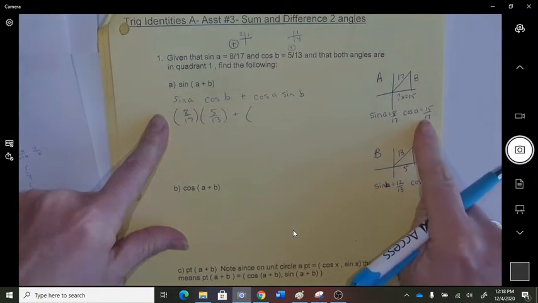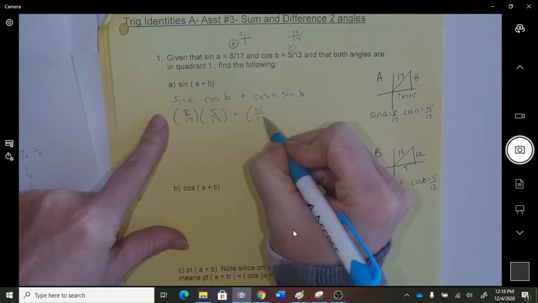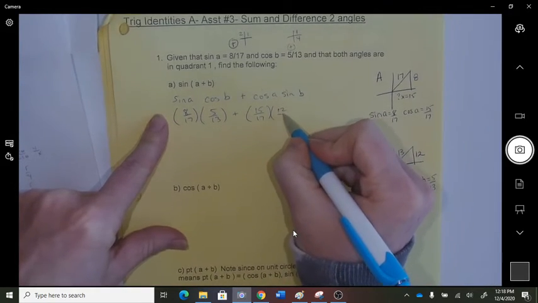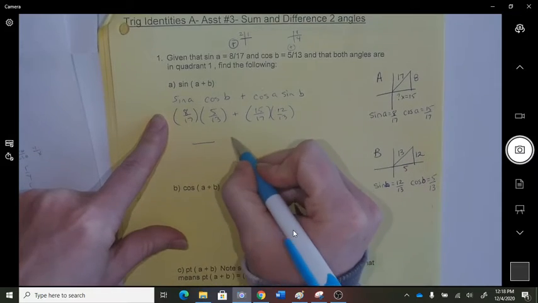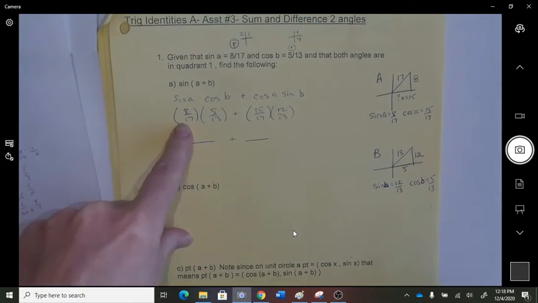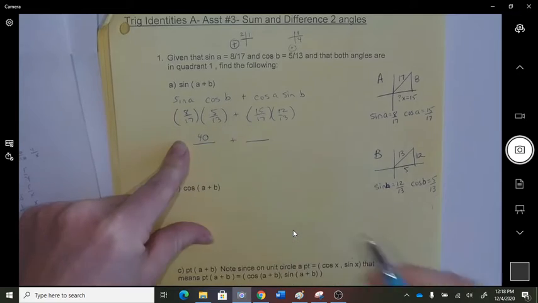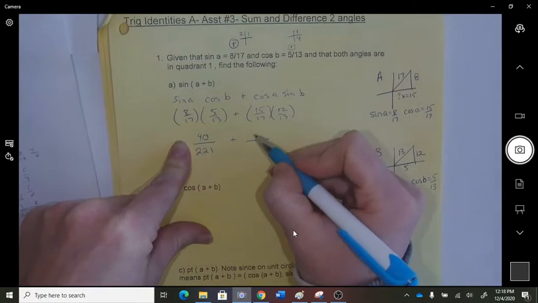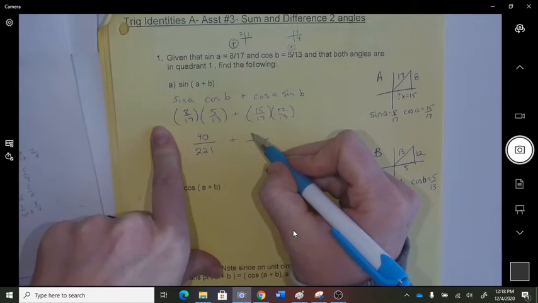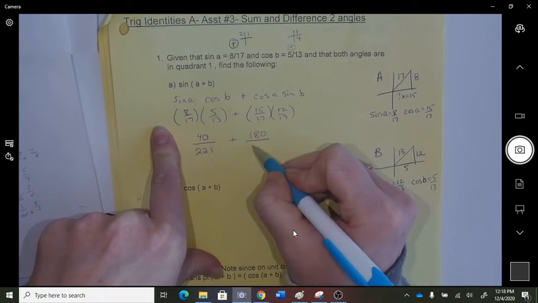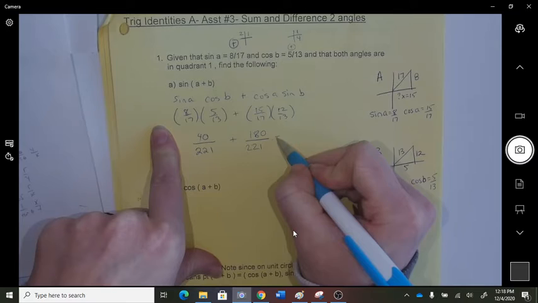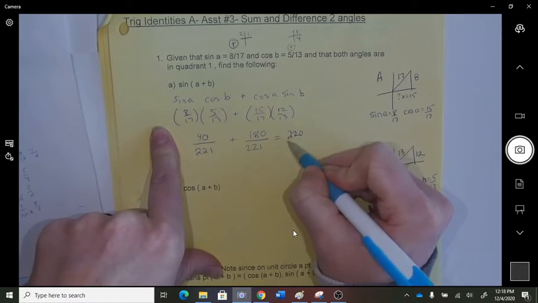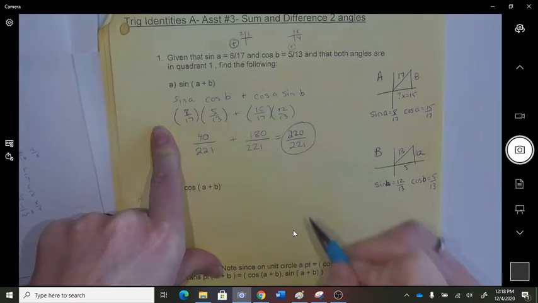Cos of A is 15 over 17, and sine B is 12 over 13. Okay, so now I'm just going to multiply, so that's 40 over 221, and this is going to be 180 over 221, so that is 220 over 221.